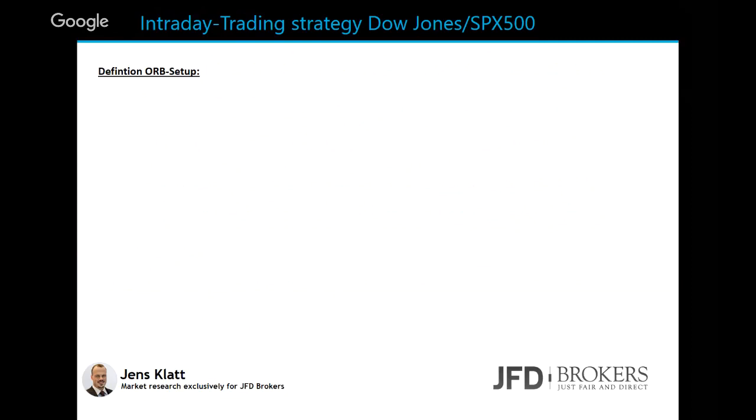It's not just unattractive, but also expensive in terms of the spread. JFD Brokers, for example, is a 100% DMA STP broker. That means they have external liquidity providers, not just in FX trading, but also in CFD trading. So if you're trading CFDs with JFD Brokers, you're not trading against JFD, but against external liquidity providers who offer a fixed spread.